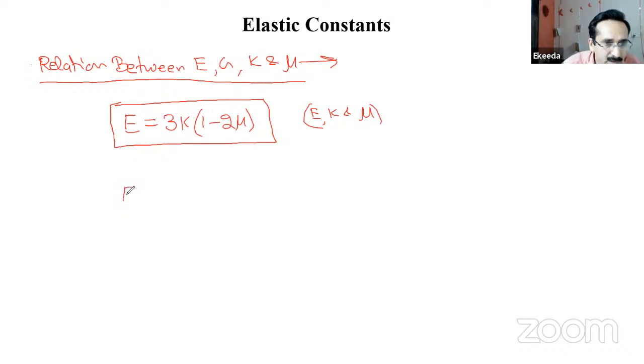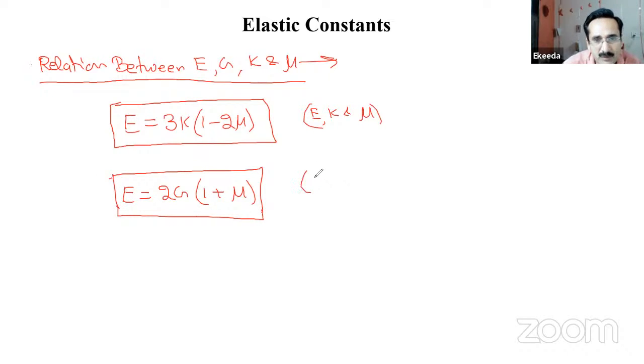Similarly, we have relation between E and G, that is E is equal to 2G(1 plus mu), modulus of elasticity and modulus of rigidity. So this is the relation between E, G and mu, right?